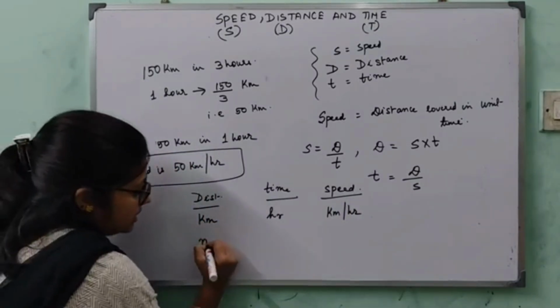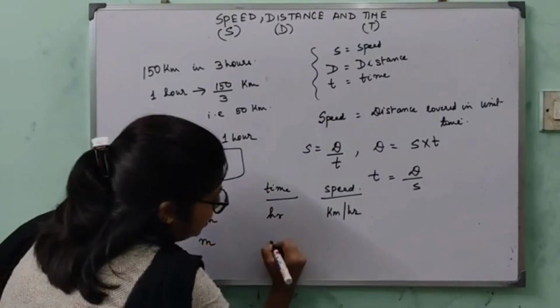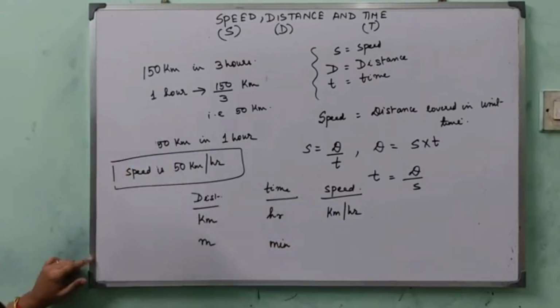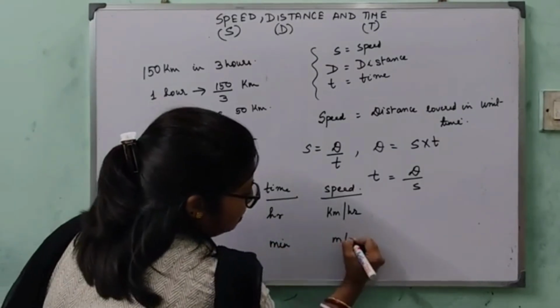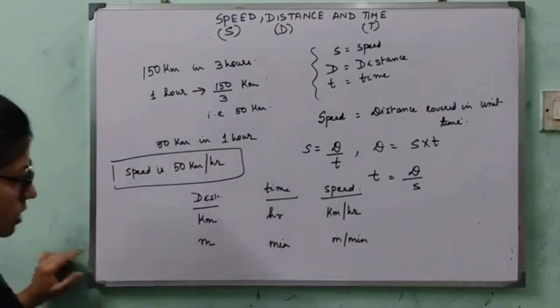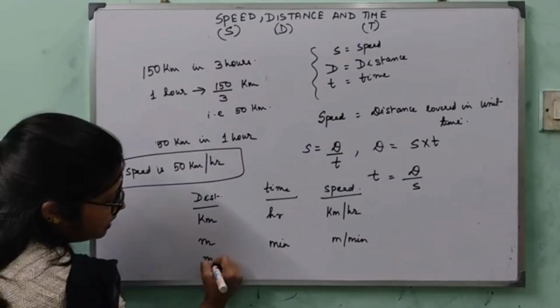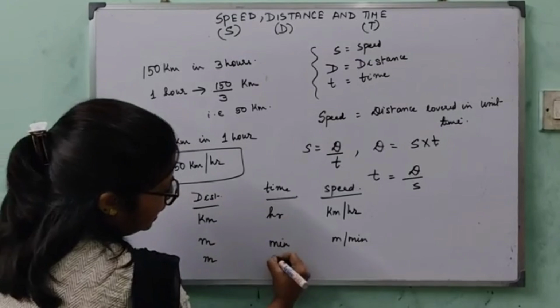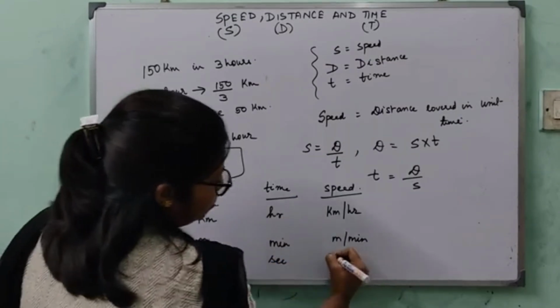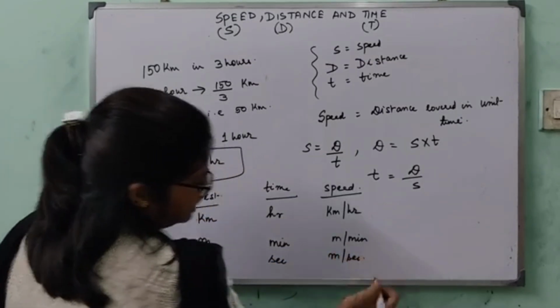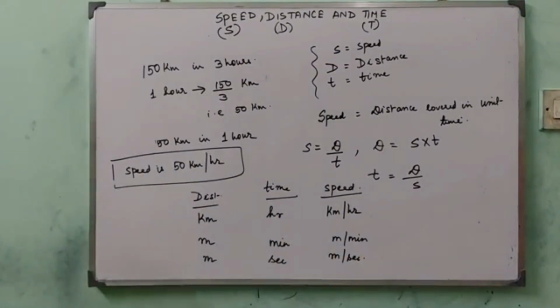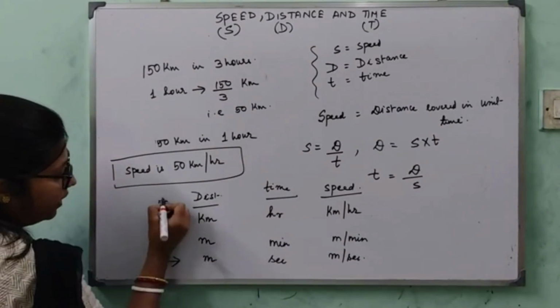If distance is in meter, time should be in minutes, and it is meter per minute. If distance is in meters and time is in second, so it is meter per second. So this has to be taken care of.